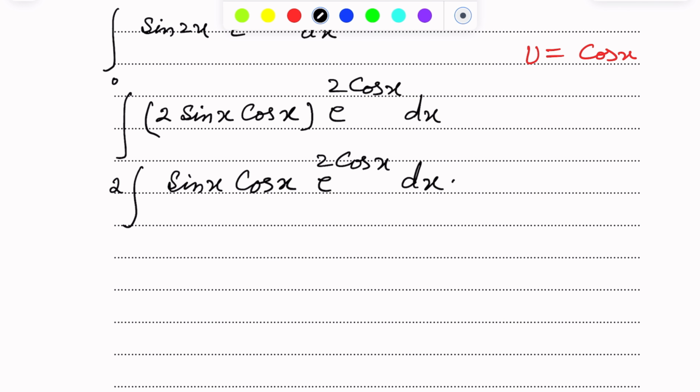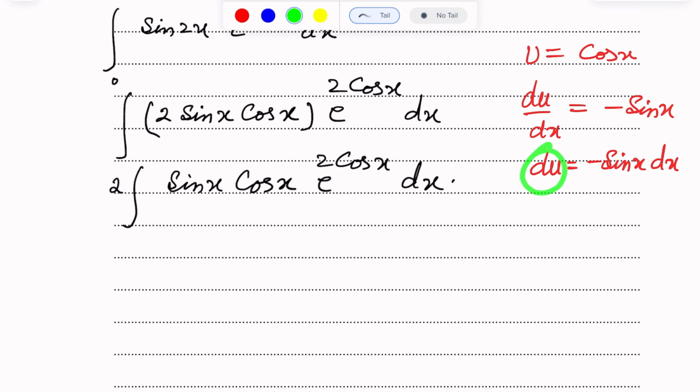First we differentiate u with respect to x. Now this becomes du over dx is equal to minus sin x. From here du is equal to minus sin x dx by cross multiplying. So we can write du in place of minus sin x dx.